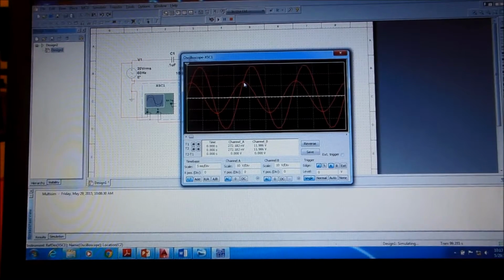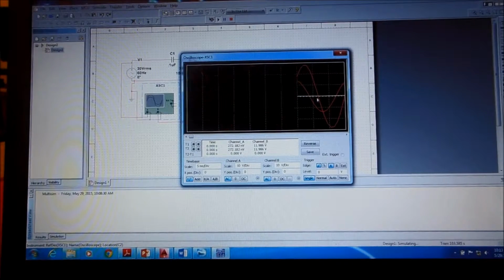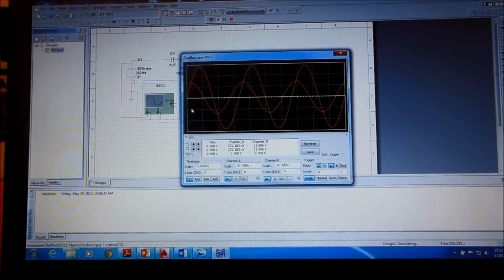If we look at this, we can see time is moving from this side over to this side. So we can see that this point crosses the 0 threshold before this one crosses that 0 threshold. This is the output and this is the input. So we say that the output is leading the input.